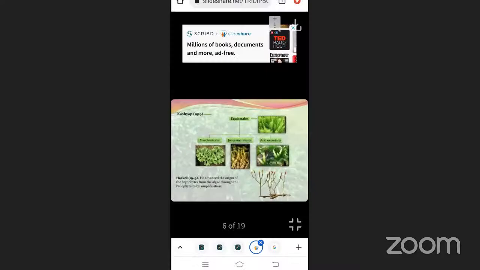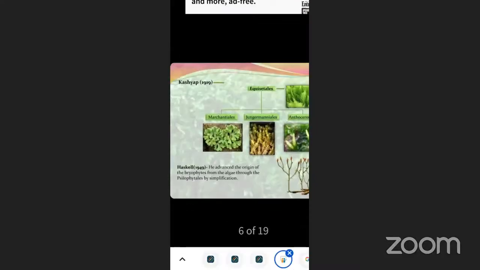We see here the antheridia and archegonia on the dorsal side of the reproductive organs.